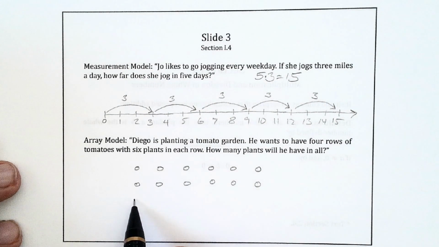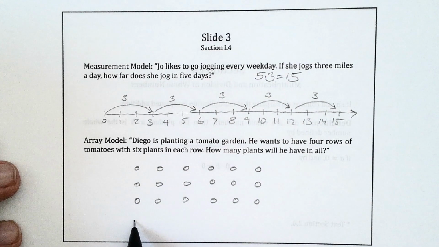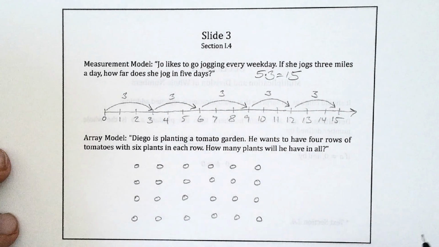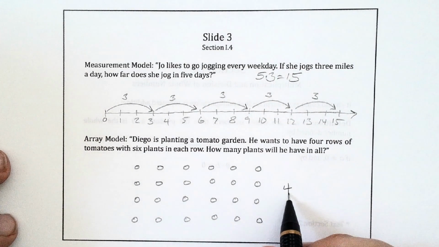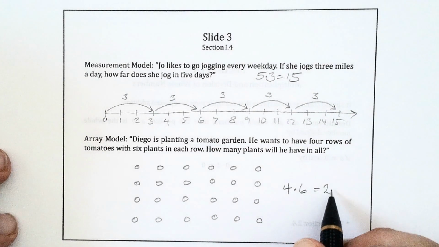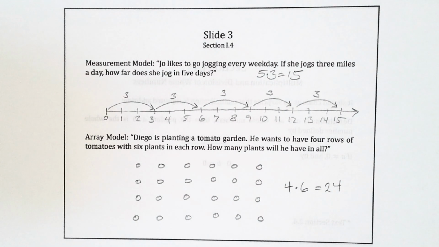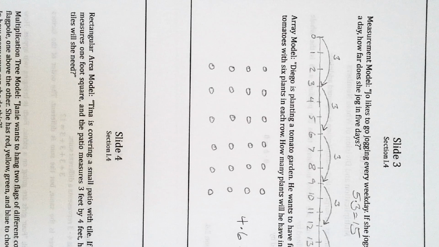In the second row, and the third row, and the fourth row. And this is 4 groups of 6, so it represents 4 times 6. Okay, but what's nice about the array model is it's more obvious that that's the same as 6 times 4. So all I have to do is turn the paper sideways, and there's my 6 rows of 4.